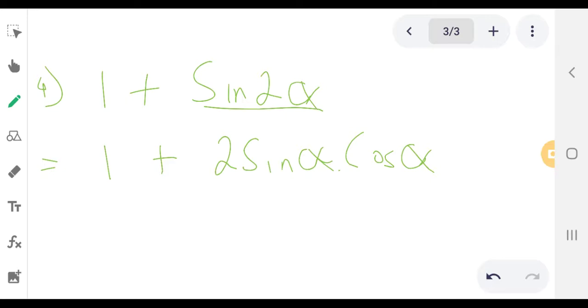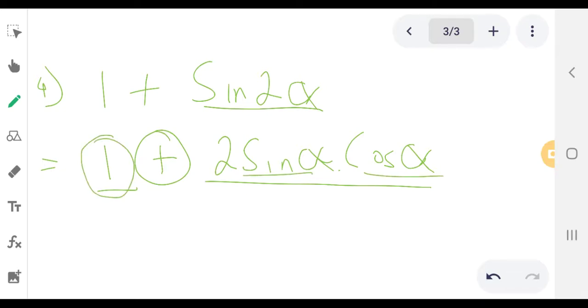Now again, I have 2 terms. This is term number 1. This is term number 2. There's nothing which is common. In between, there's a plus, meaning that I don't have a difference of 2 squares again. So what I will then try to do is, because I have a cos and a sine, use an identity that says that the sine squared of alpha plus the cos squared of alpha is going to be given as 1.